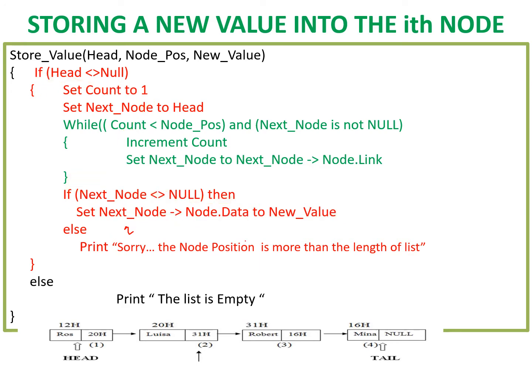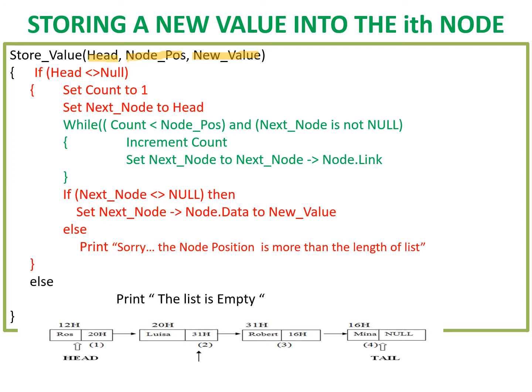So let us try to simulate this pseudocode. Okay, so we have the new value, part of the input parameters, apart from the node pos and our head.